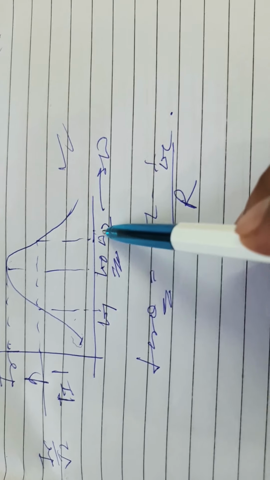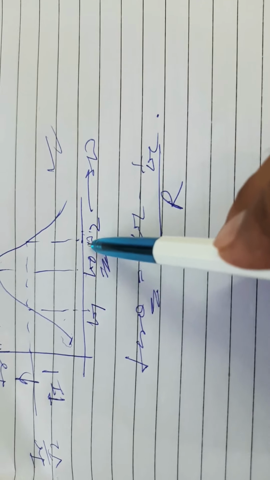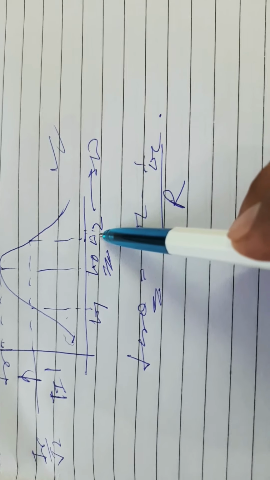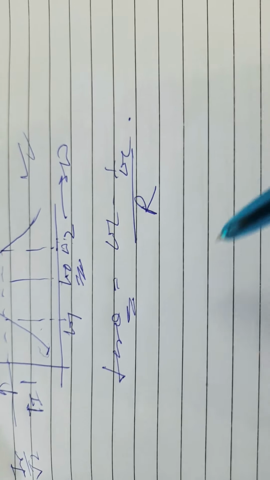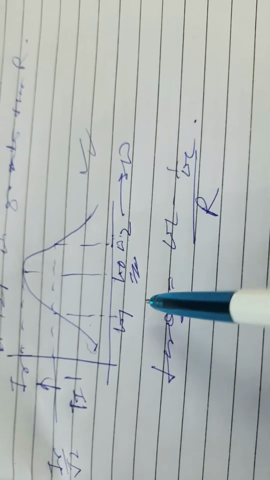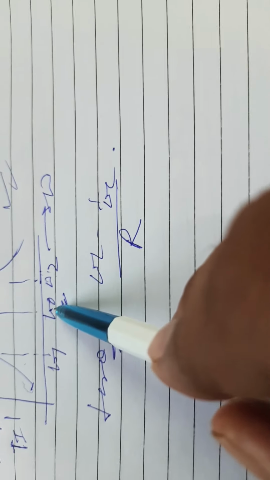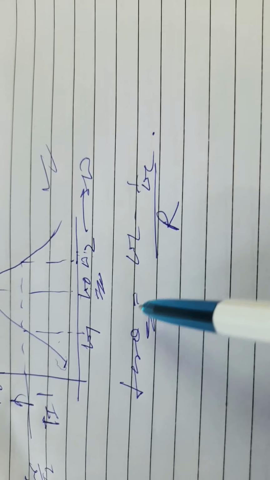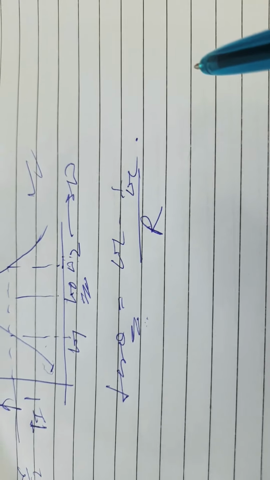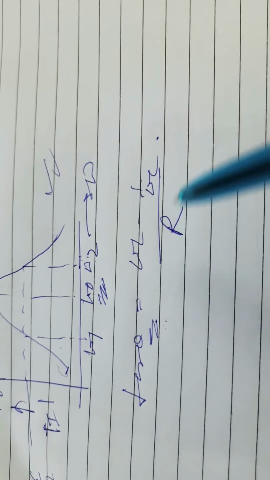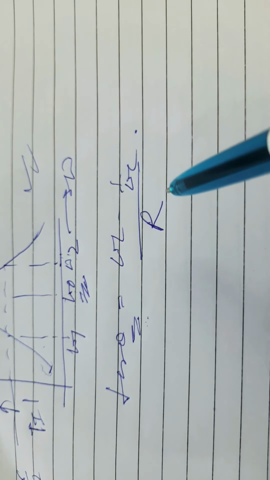Above resonance, omega 2, omega is greater than omega naught, theta is positive, showing that the current lags the voltage and the circuit is inductive. At resonance, when omega equals omega naught, theta is equal to 0, that is, the circuit is resistive. At very low and very high frequency, theta approaches minus 90 and plus 90 degrees respectively.